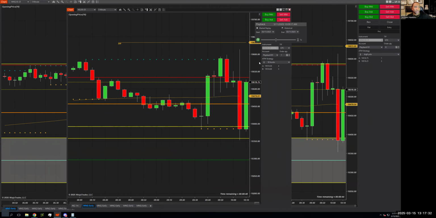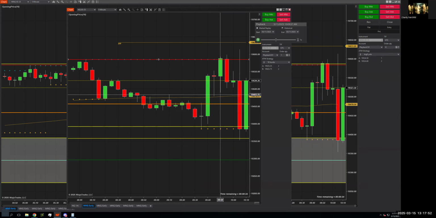See, look right here. This over here is minis. This over here is micros. They move the same. I didn't mark my levels up on here, but they pretty much move the exact same. It's just one is 50 cents, the other one is $5. The levels are very similar.